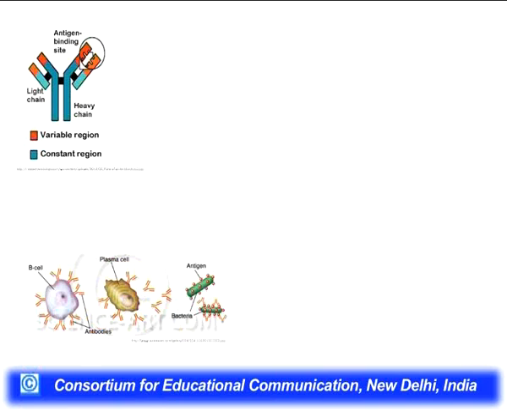Whenever an antigen or a bacterium gets into our body, it goes through the circulatory system, and through the lymphatic or blood vessels it is transferred to the B cells. It elicits the B cells, which subsequently go on to form plasma cells.